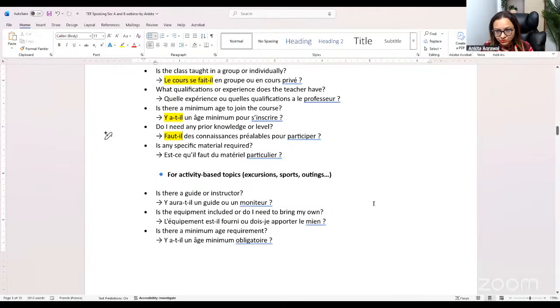So I usually tell all my learners that what you have to do is put it in, let's say, an agenda, or what you call a diary, or the notes. So always make notes and put it like this: est-ce que, qu'est-ce que, comment, combien, y a-t-il, y aura-t-il, fait-il. And then I have to use them.